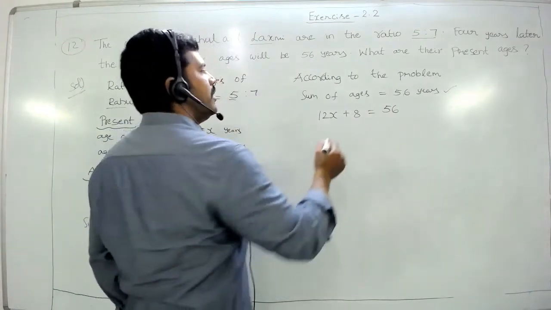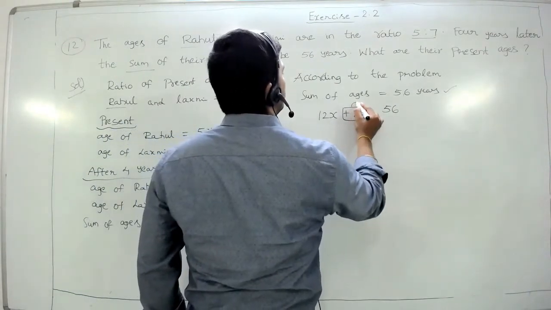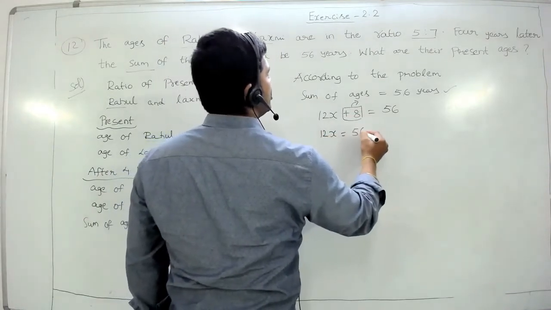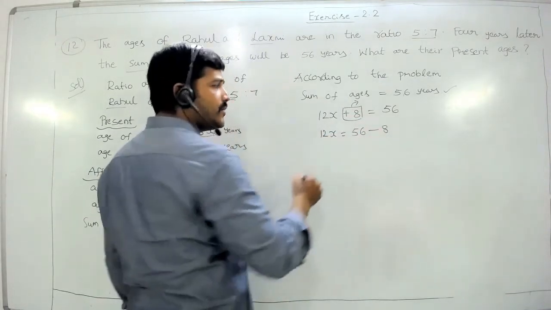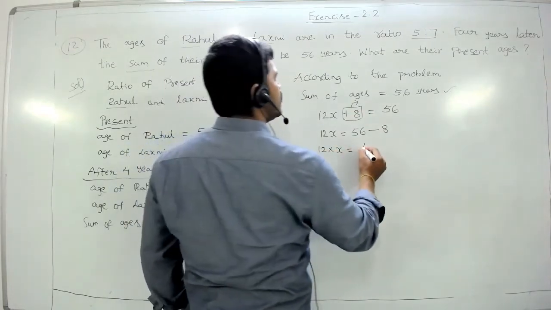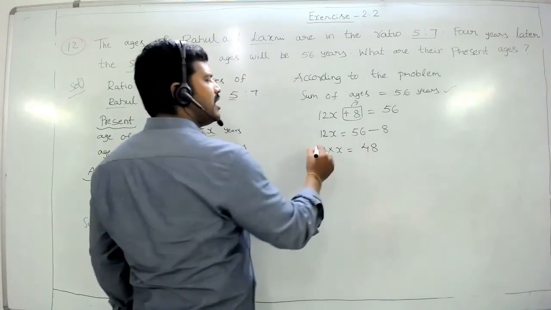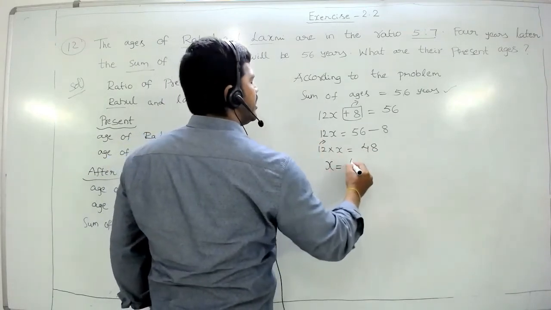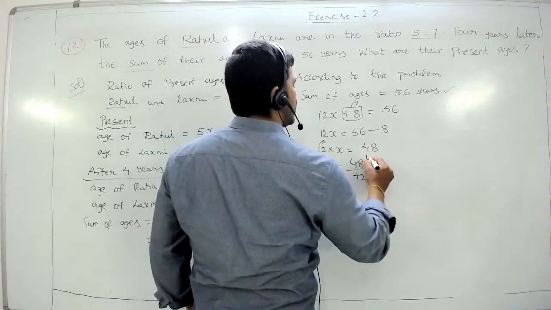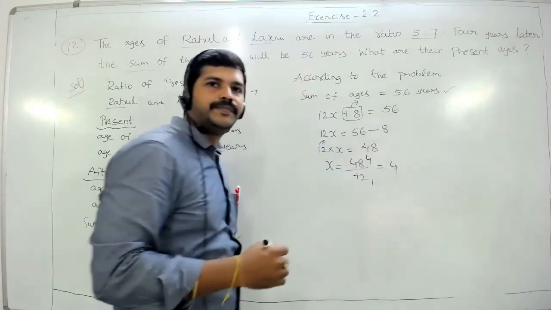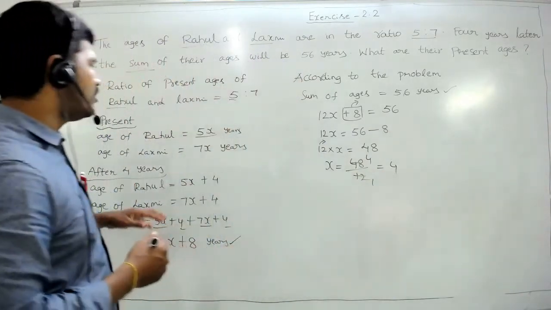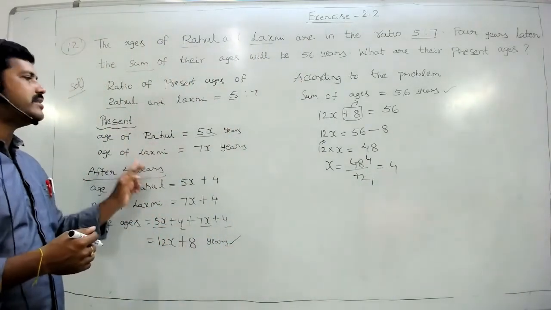Now solve. Plus 8, moving to other hand, minus 8, left with 12x. 12 into x is equal to 56 minus 8, which is 48. 12 is multiplying and moves to the other hand side. It divides. 12 table 48 goes by 4. So we got x value. Now we have to find present ages.